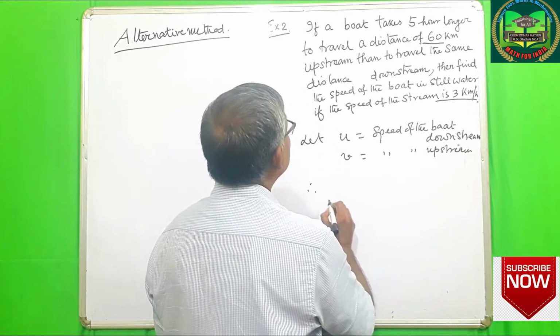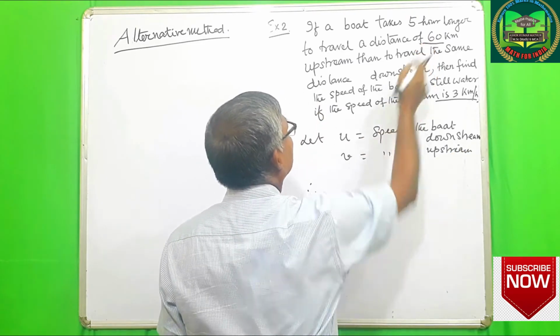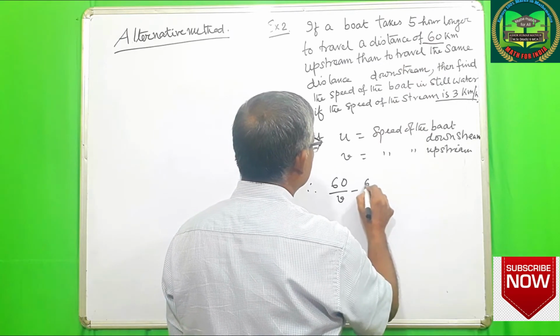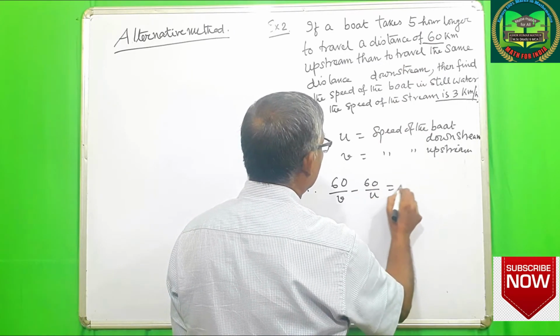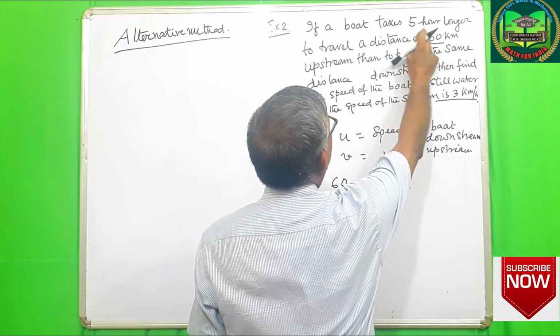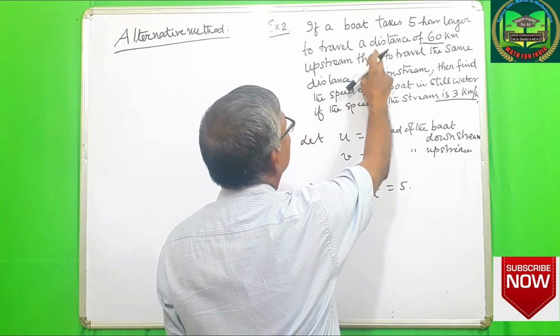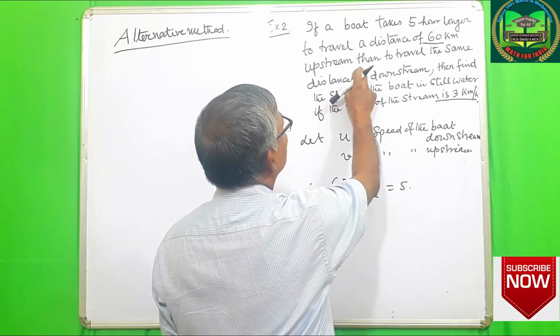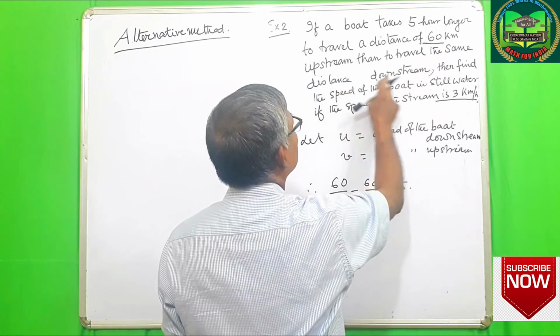Therefore, as per given condition, 60 by v minus 60 by u equal to 5. Here see, the boat takes 5 hours longer to travel the distance of 60 km upstream than to travel the same distance downstream.